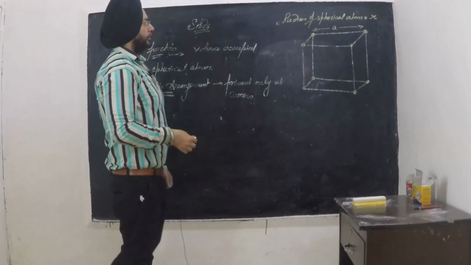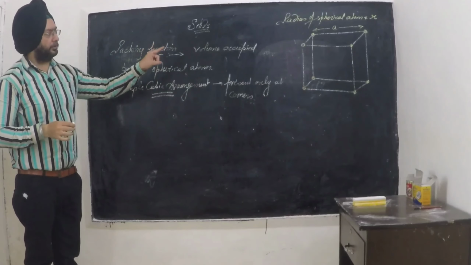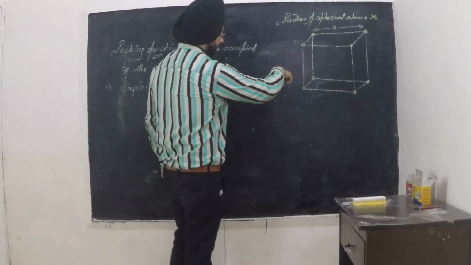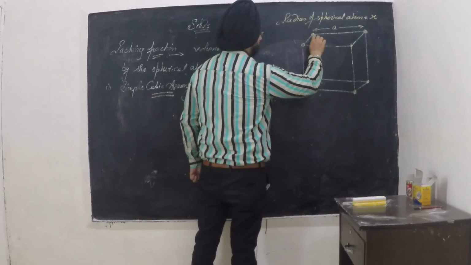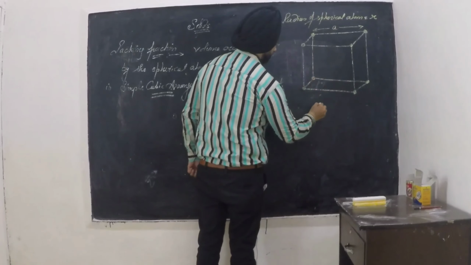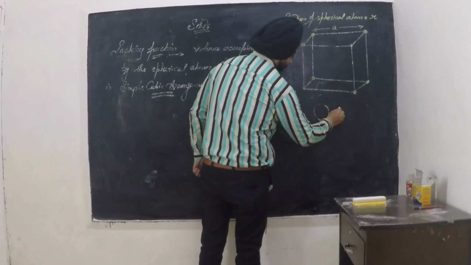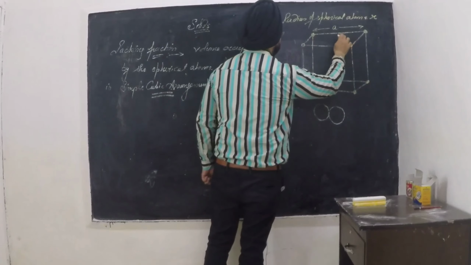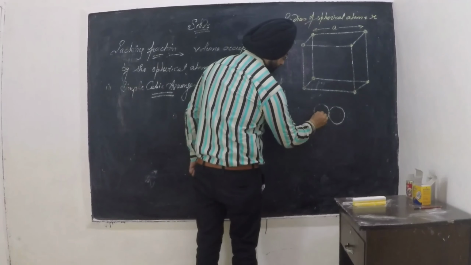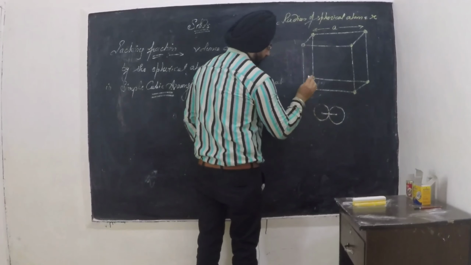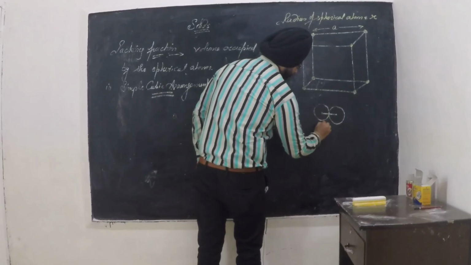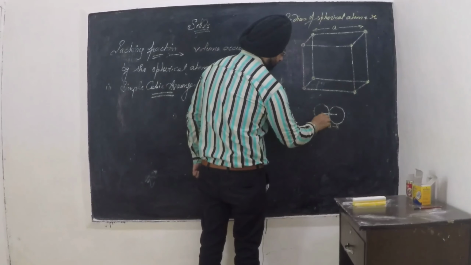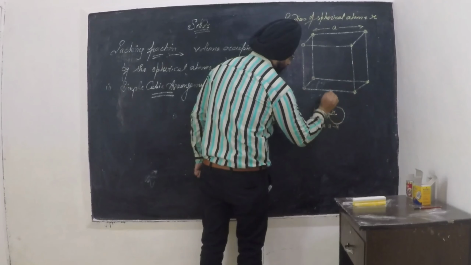As we have discussed, all the spherical atoms are in contact with each other, as you have checked in the last diagram. So on this edge length you have two spheres. Actually all the spheres are in contact, but we are discussing only this edge. So this one is your a, but this radius is r, and again this radius is r.